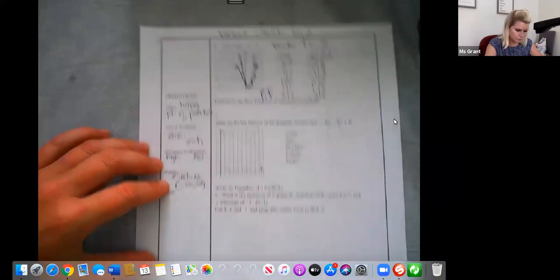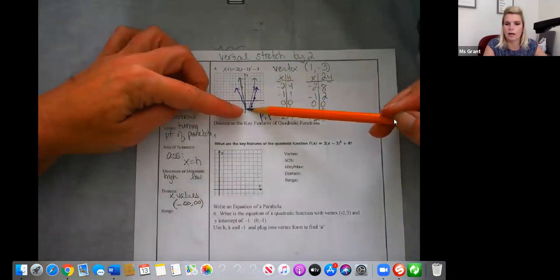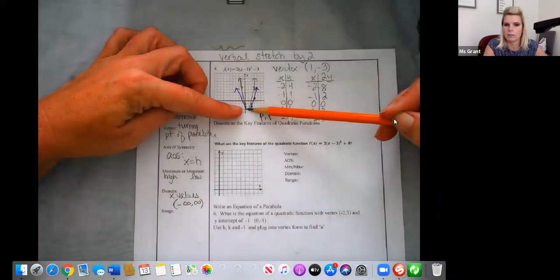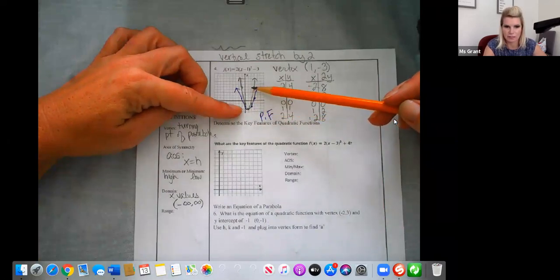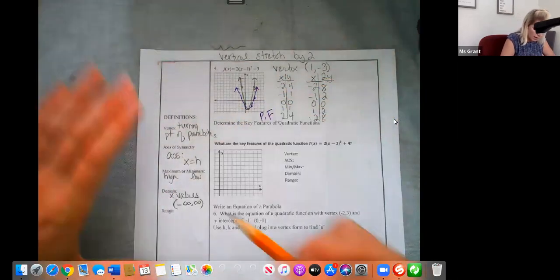So right here, my range for this one would be -3, infinity. Remember, you go from low to high.